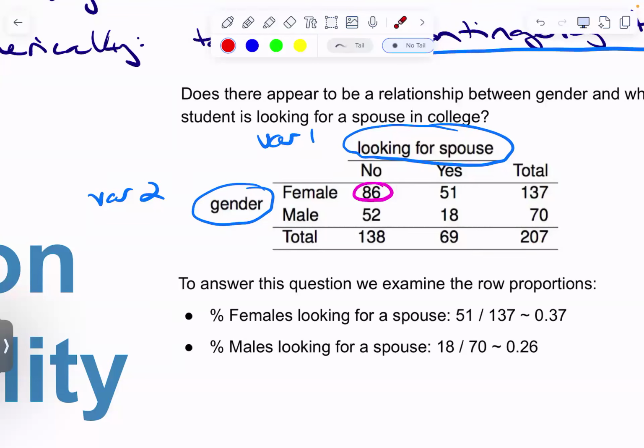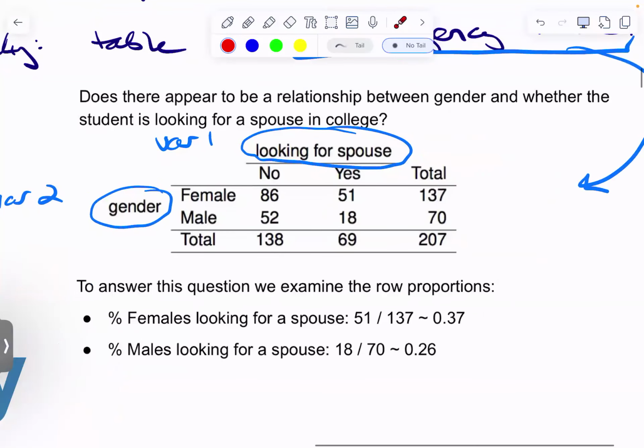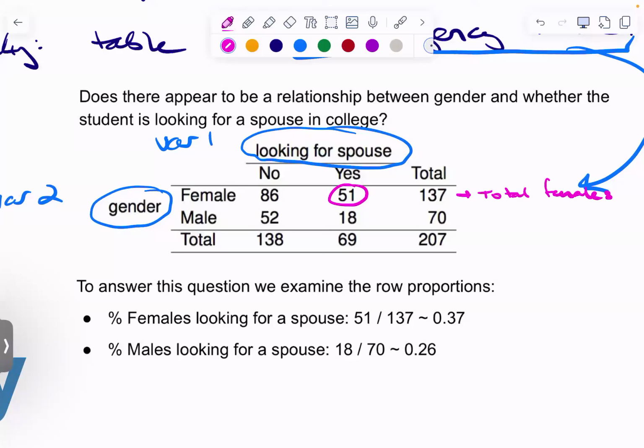If we wanted to focus on just what proportion of females were looking for a spouse while in college, out of the females, there's 137 total females, regardless of whether they were looking for a spouse or not.